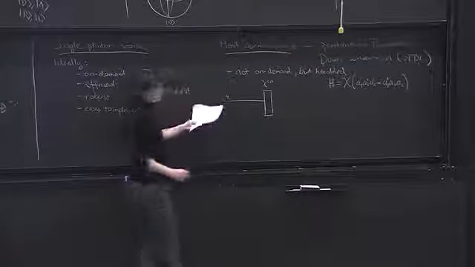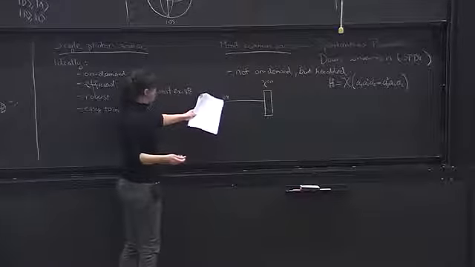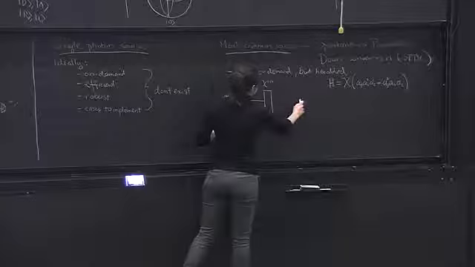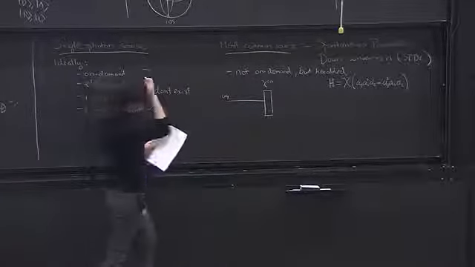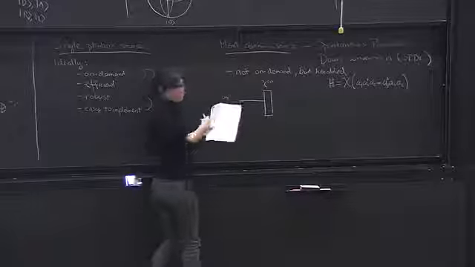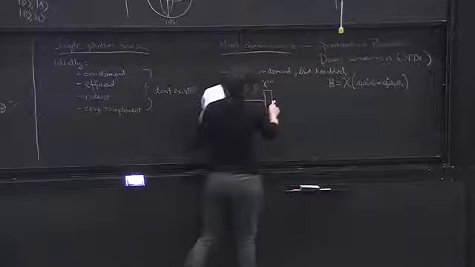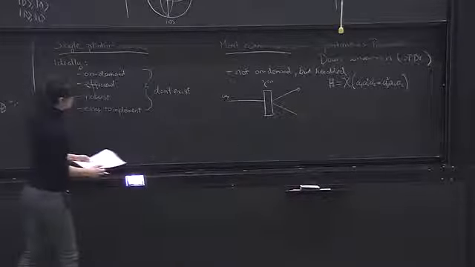So it's got a subscript P because we usually refer to this as a pump. So we have a laser of frequency omega P, and most of the time it'll just go through and nothing will happen. But sometimes, with some probability, one of the photons in this pump is going to split into a pair of photons. So you can set things up so that they go off in two different directions.